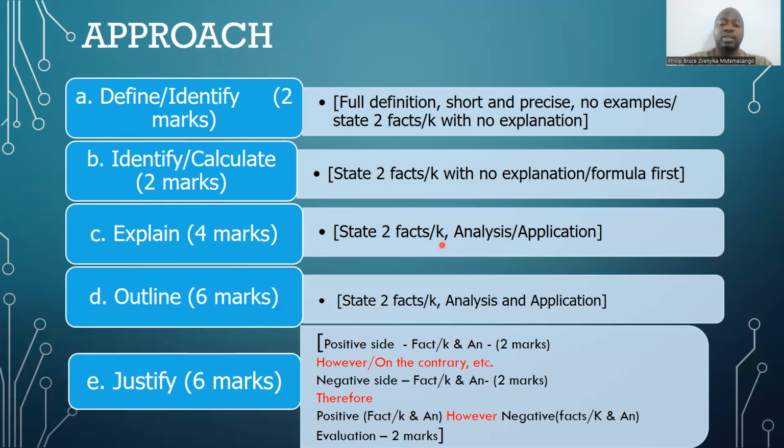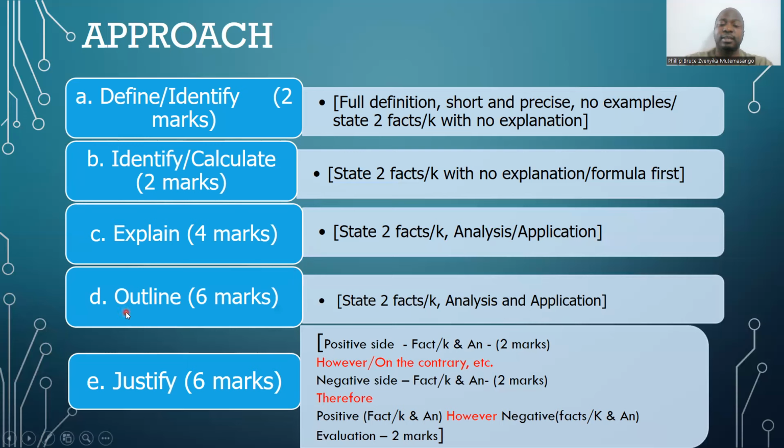But if not, you simply need to analyze your answer. So there are 4 marks awarded to such a question. The first mark is for you to state the fact. Then you either analyze or apply, depending on the question that you have.